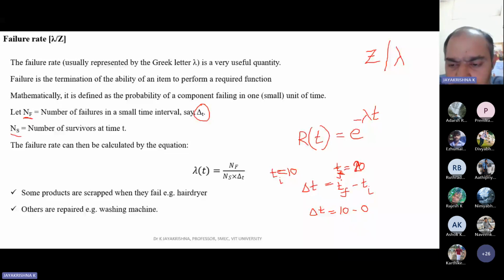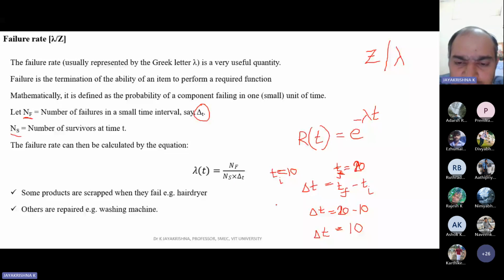So now t of f will become 20 and t of i will become 10. So now what is the value of delta t? 10, sir. 10. Okay. So delta t is the duration for which the test is being carried out.